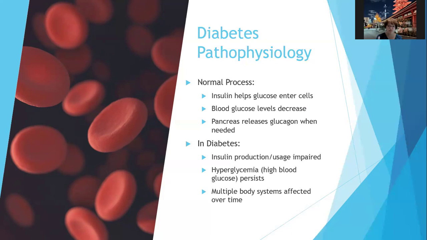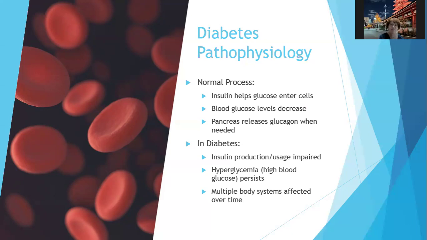Our brain cells need glucose. They cannot use any other form of fuel. Our other body cells can use proteins and fats and break them down and turn them into carbohydrates, but our brain cells need glucose, period. So we need to have glucose available and we need a way to get it into the cells.